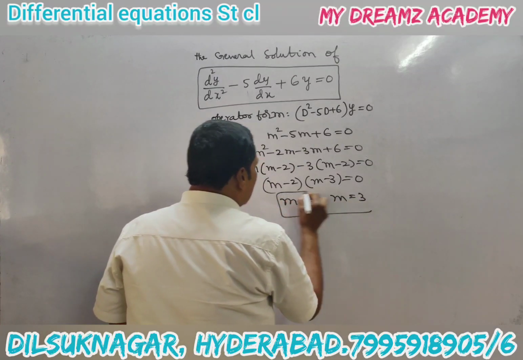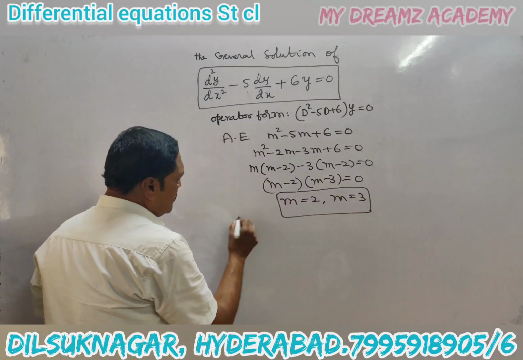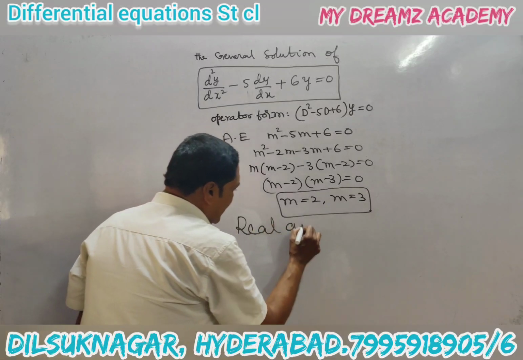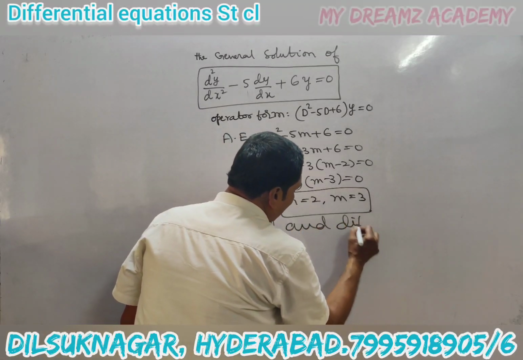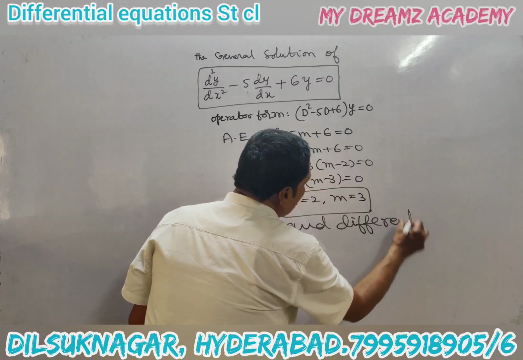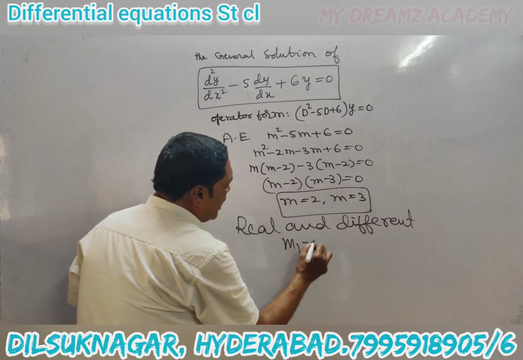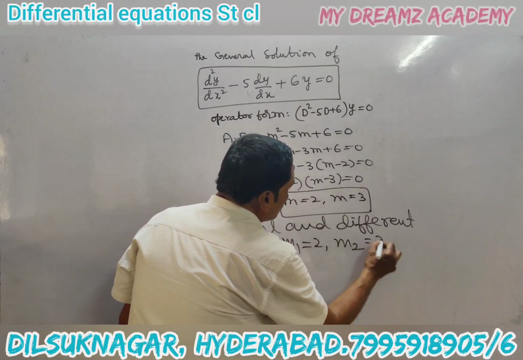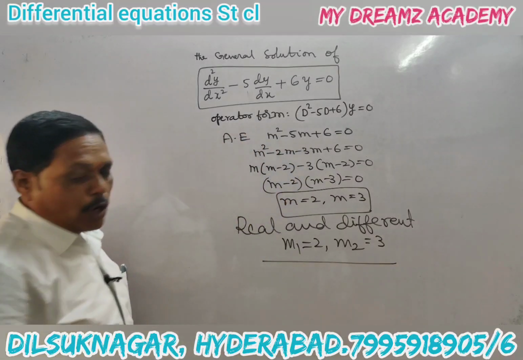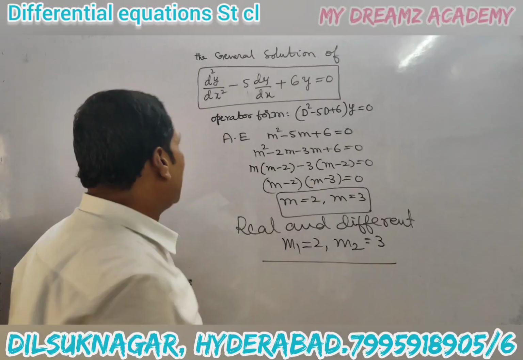What is this? These two roots are real and distinct, real and different. One root is m1, another root is m2, so this is case 1. You have to write the general solution for case 1.